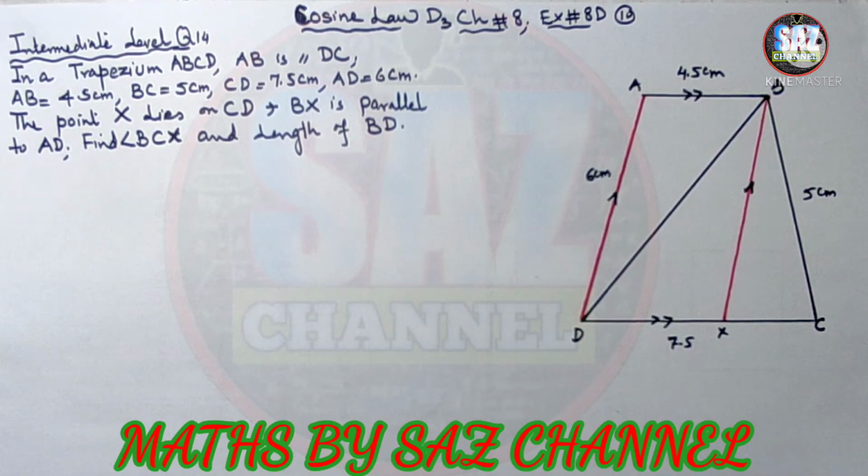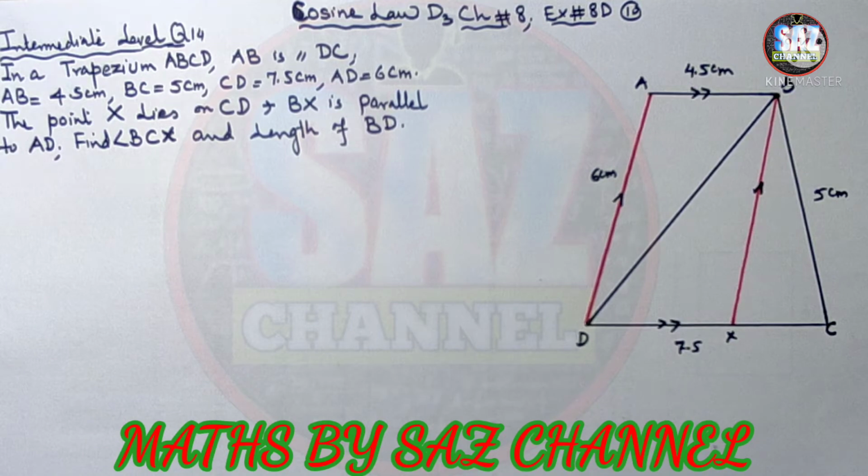Question 14 says, in the trapezium ABCD, AB is parallel to DC, AB is 4.5 centimeter, BC is 5 centimeter, CD is 7.5 centimeter, and AD is 6 centimeter. Point X lies on CD such that BX is parallel to AD.